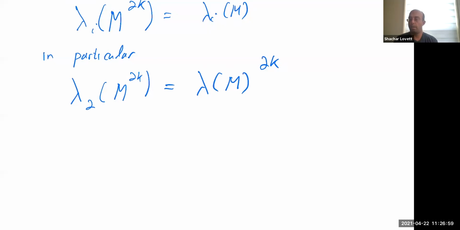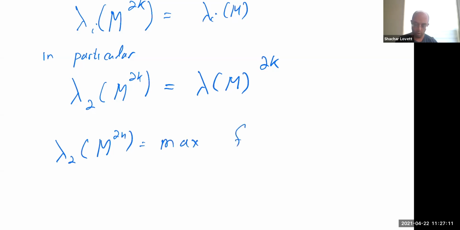And we're going to use the same technique here, namely that lambda 2 of any matrix, in particular M to the 2K, equals the maximum of F transpose M to the 2K F over all vectors that are orthogonal to 1, whose norm is 1.